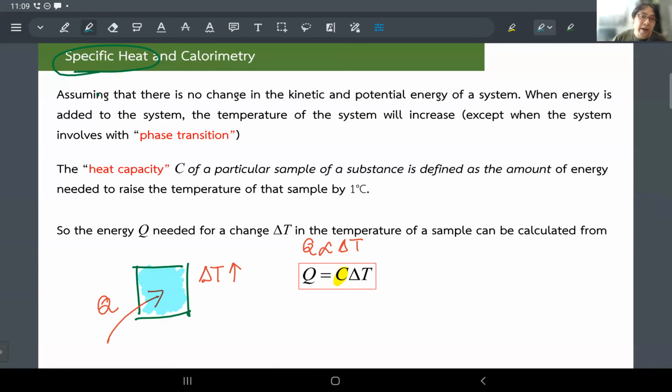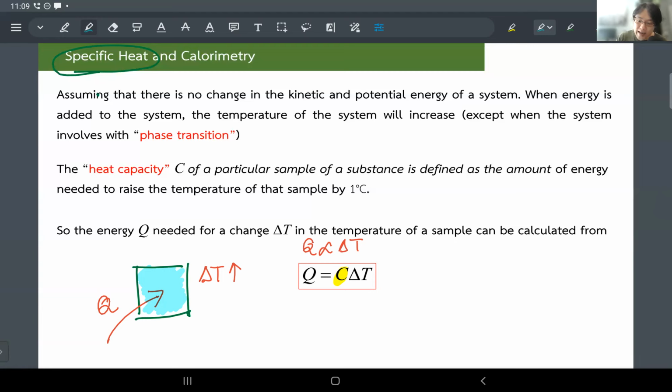So when you supply some energy to this system, it will not change in temperature much. A quick analogy: if you're eating food and your stomach is small, only a small amount of food will make you feel full. That's easy because your stomach is small. But if you have a big stomach, for you to feel full you need a lot of food transferred to your body. Does that make sense?